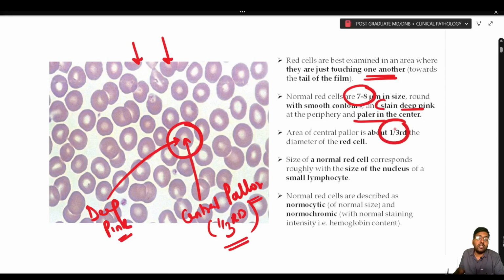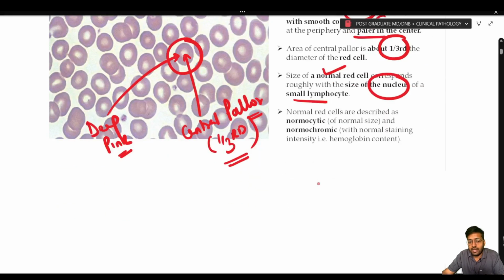How do you judge the size of the RBC? I have already explained this point before, I am repeating once again. The size of a normal red cell corresponds roughly to the size of the nucleus of a small lymphocyte. So the normal red cells are described as normocytic, that is having a normal size, and normochromic with normal staining intensity, that is normal amount of hemoglobin content.